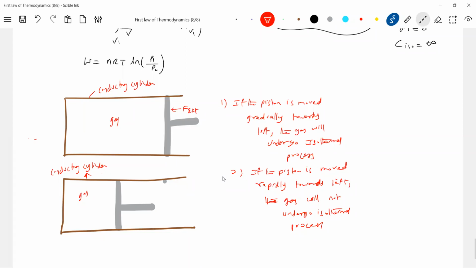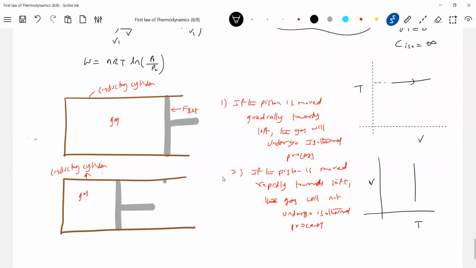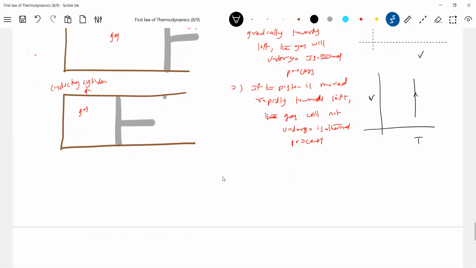I think this is what we have regarding isothermal process. What about the other set of graphs? Pressure-volume is a rectangular hyperbola. What about temperature versus volume? What is this process? Isothermal process. You see, temperature is constant. Then volume-temperature graph, isothermal process. So all these are the graphs related to isothermal process.